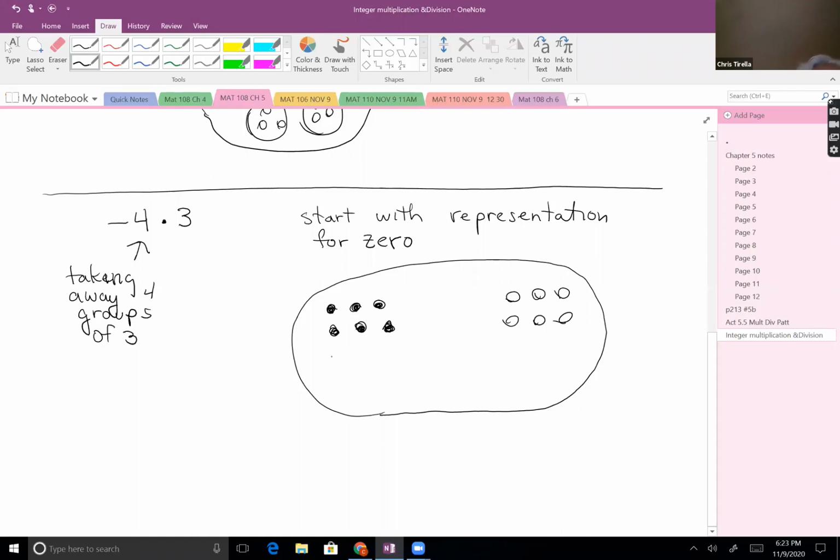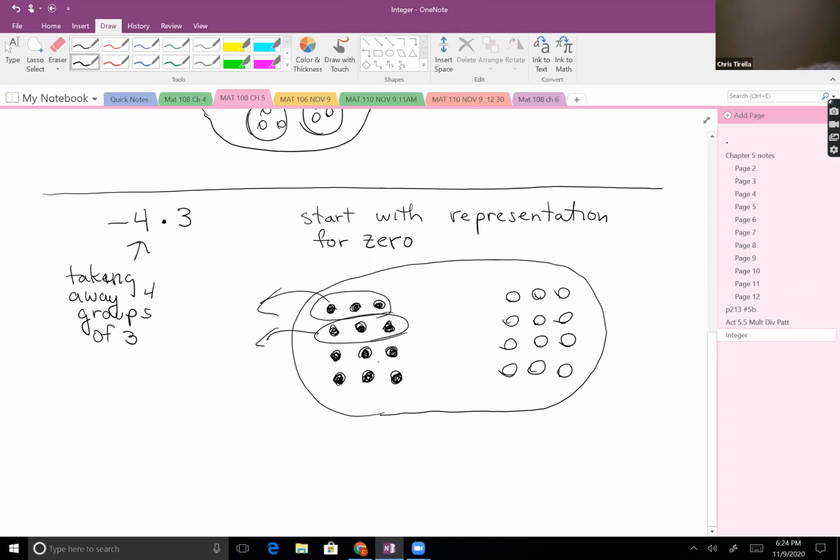And I'm going to keep doing this until I have enough black counters in there to be able to take -4 of those groups, or to take 4 of those groups of 3 out.